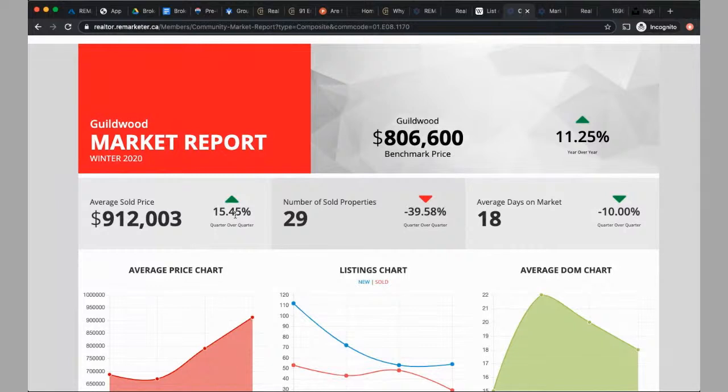But there's a good reason why TREB provides that information quarterly. For statistics, you need to have enough transactions to happen before you can really come to any sort of conclusion. You can't just rely on 3 properties sold in Guildwood over the past couple of weeks to arrive at any sort of statistical number.